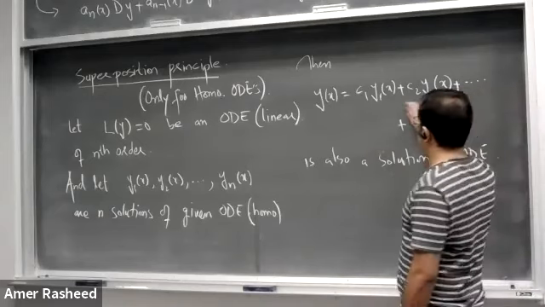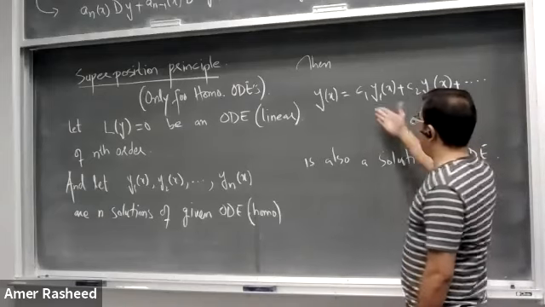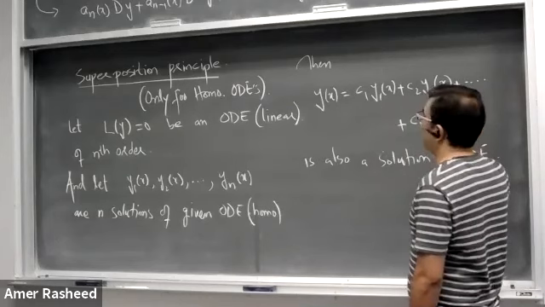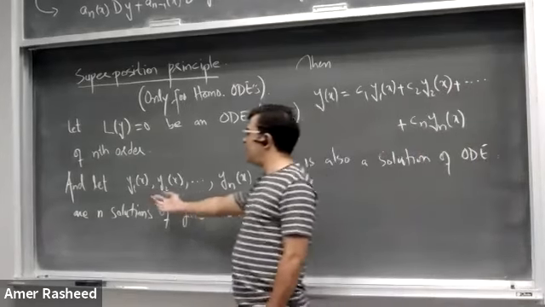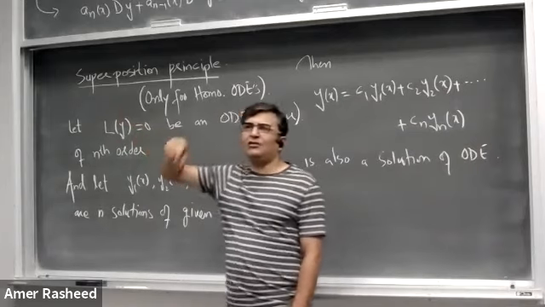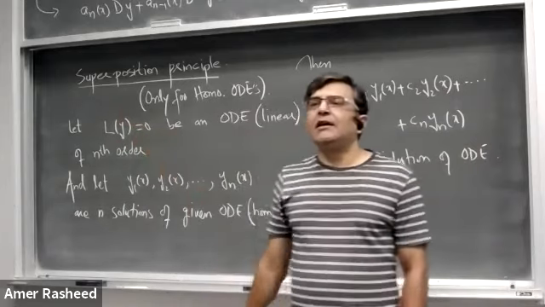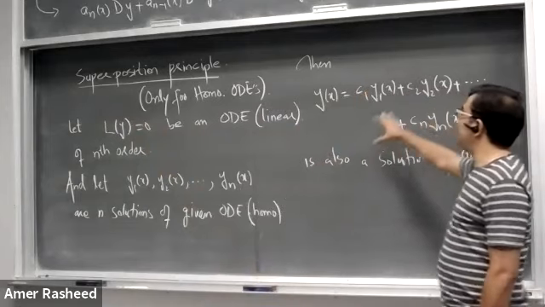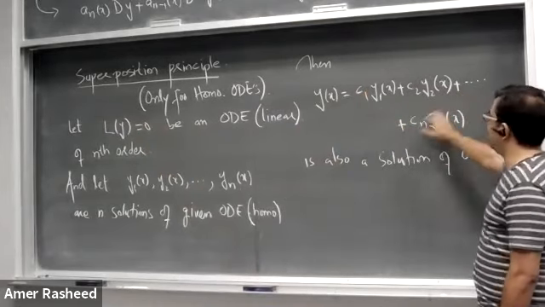I hope you know what a linear combination is. This is how we write a linear combination of n functions. These are in fact n functions, which are solutions of the given nth order ODE. If we have n solutions, then this is how we write their linear combination.